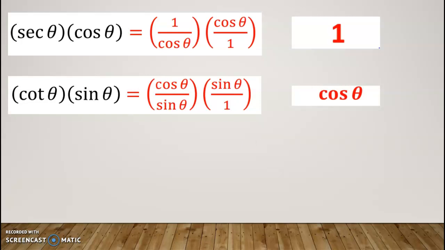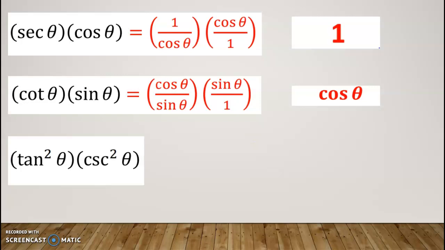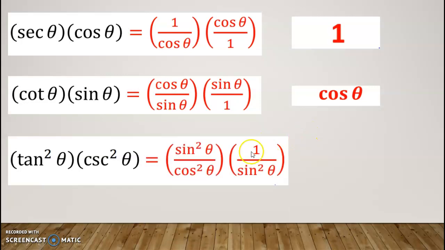Okay, next. Tangent squared theta times cosecant squared theta. Get them into sine and cosine. All right, tangent squared is sine squared over cosine squared. Cosecant, we remember, is 1 over sine, so squared is 1 over sine squared.